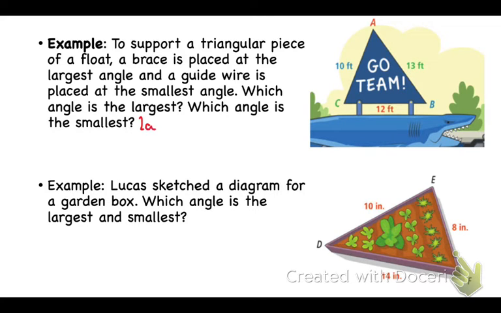So the longest side is across from the largest angle. 13 is the longest side, so the largest angle is C. You need to write angle C. And I want the smallest, so I'm looking for the smallest side, which is 10, which is across from angle B.